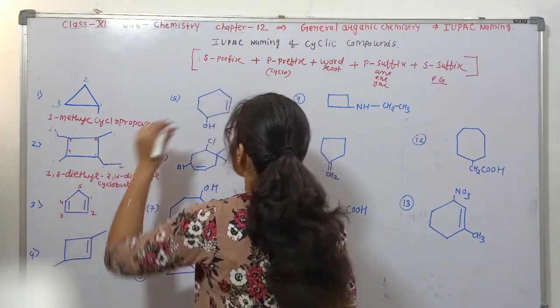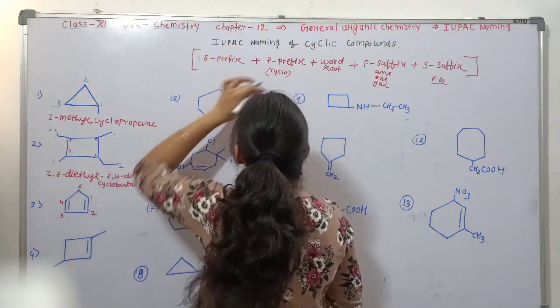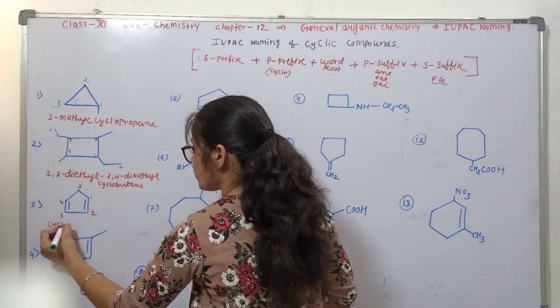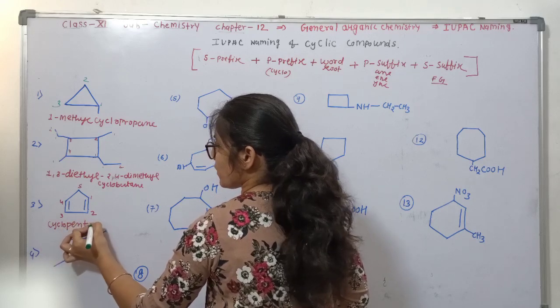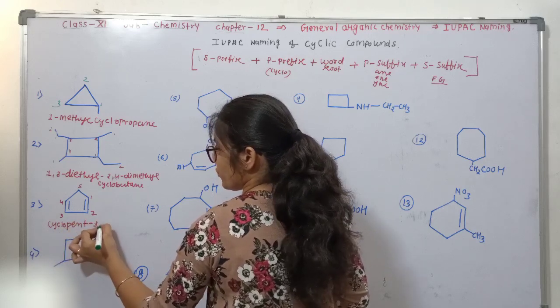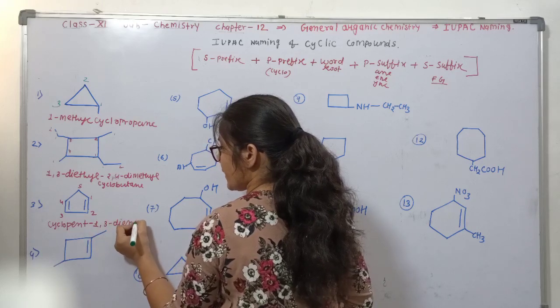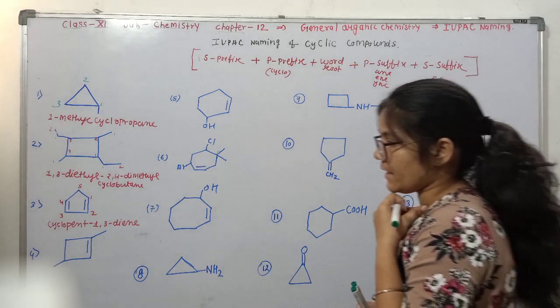So in the naming of this compound, there will be no S prefix because there is no substituent. So we'll start with P prefix. Cyclo, word root is pent. Now we have 2, 1, 3 diene. Okay, cyclopent-1,3-diene.